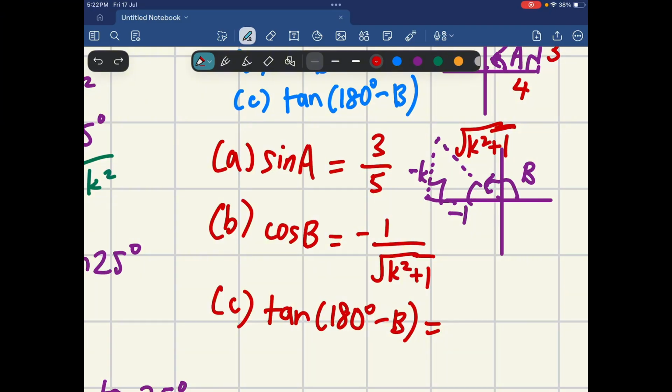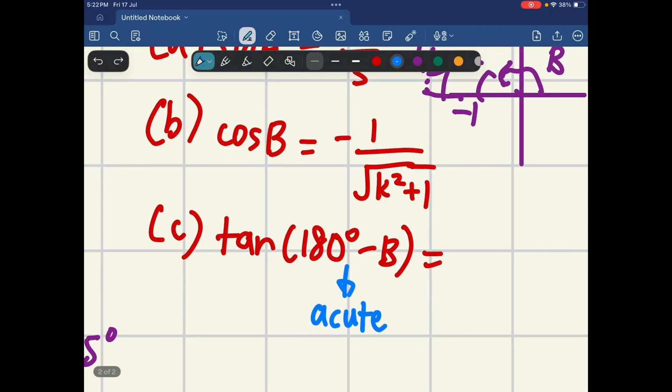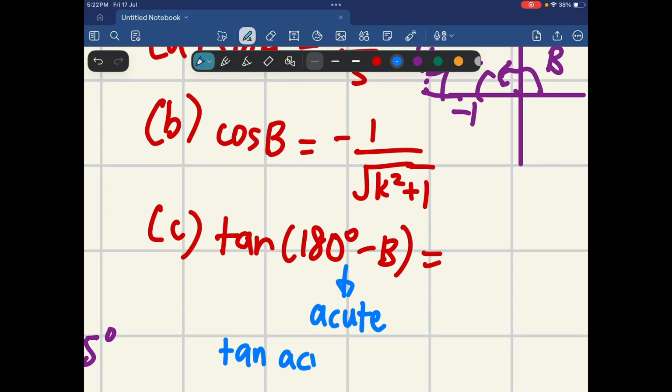But tangent 180 degrees minus B will be acute, and tangent of an acute angle is always positive.